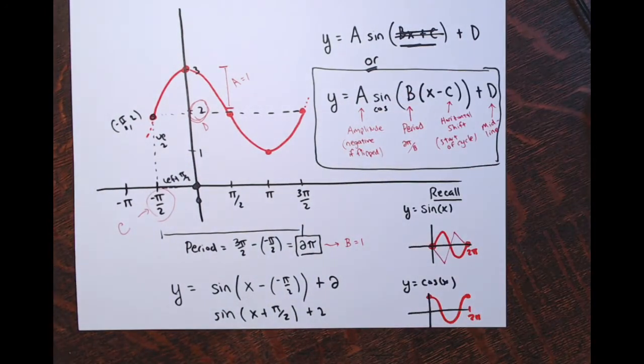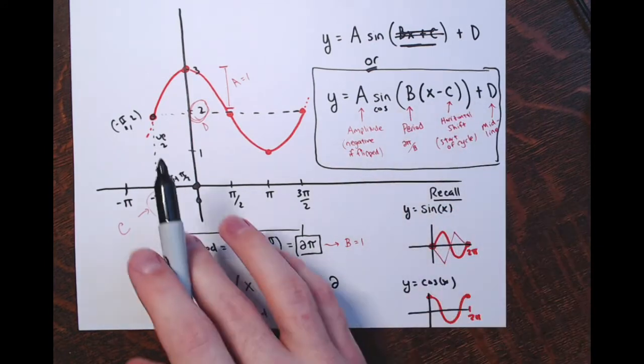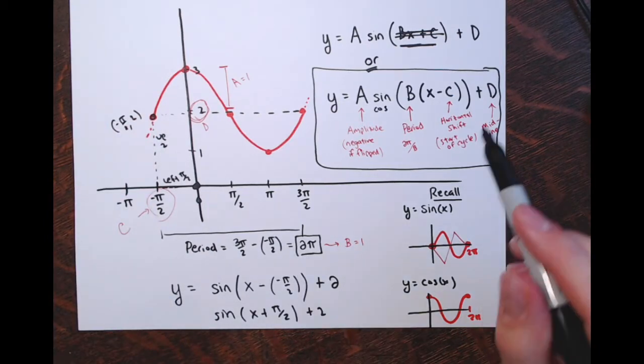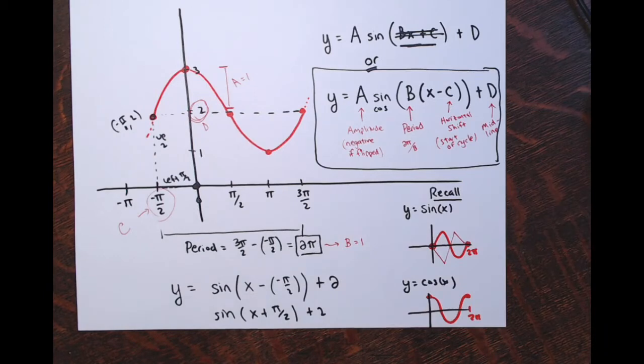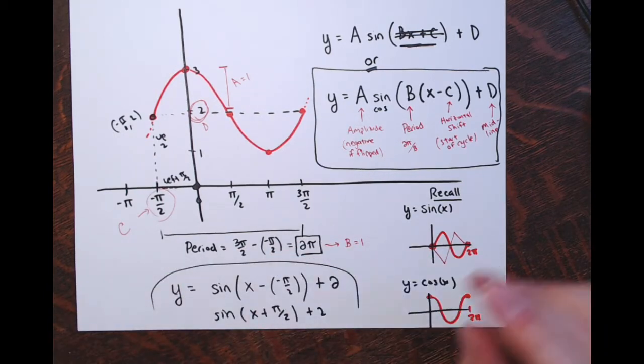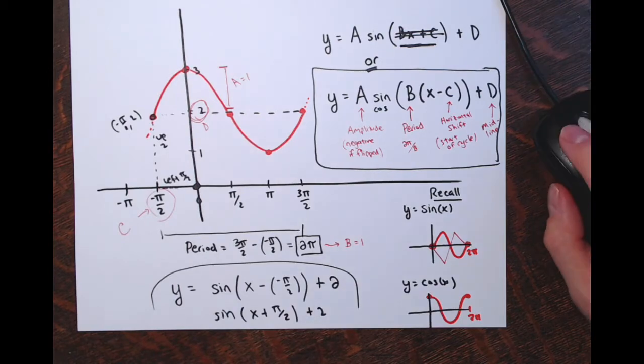I'm filling in this a, b, c, and d depending on what kind of transformations are occurring. What's the amplitude? What's the period? Where am I starting the cycle? And what's the midline? If you know those four things, you should be able to answer their questions about what the equation of a graph is.